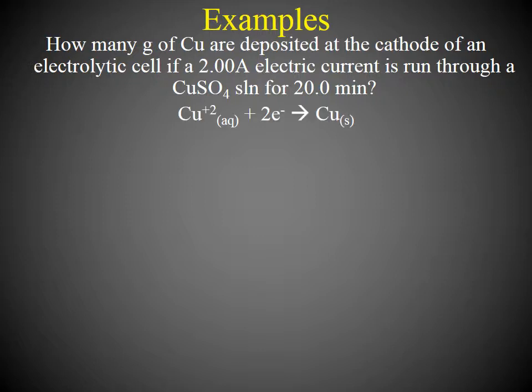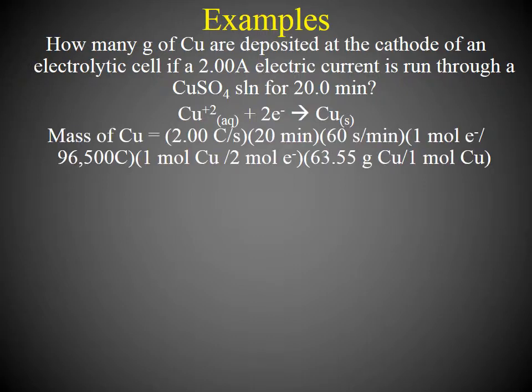Okay, well, this is the reduction reaction that would occur at the cathode in this case. So if I now plug in all the information that the problem gives me, starting with the 2.00 amps of electric current, which is the same as saying 2.00 coulombs per second, times 20 minutes, which I convert to seconds by multiplying it by 60 seconds per minute, times 1 mole of electrons per 1 Faraday, times 1 mole of copper metal per 2 moles of electrons that are needed in order to reduce the copper ion, times 63.55 grams of copper per 1 mole of copper.